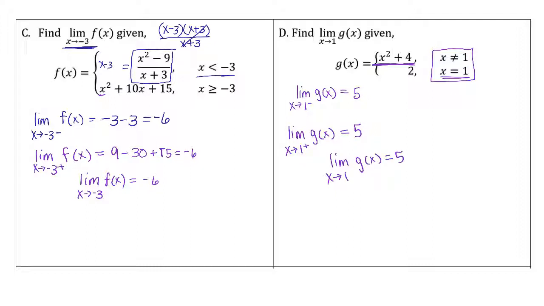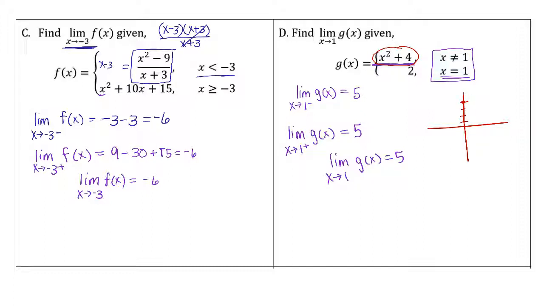Now that one looks weird. If we draw a picture of this, let's go over to the side and just draw. What in the world does this look like? Well, we know that x squared plus 4, that's a parabola that's been moved up 4. So we go at 1, 2, 3, and 4.